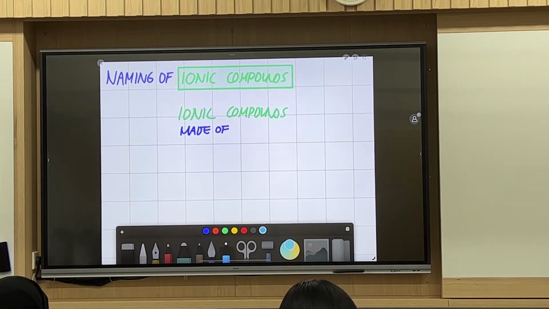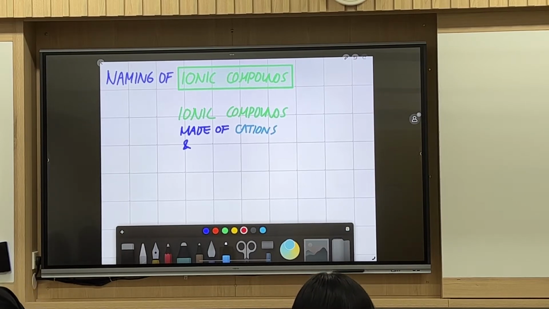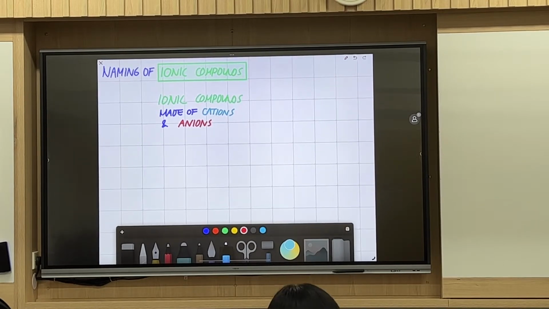So ionic compounds are made of cations and anions. And both cations and anions can be monoatomic or polyatomic.